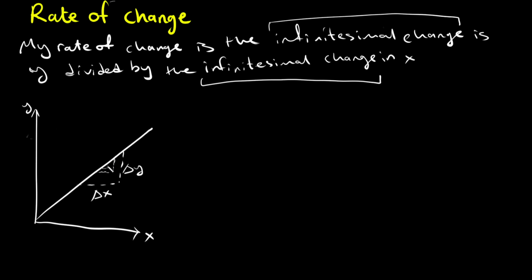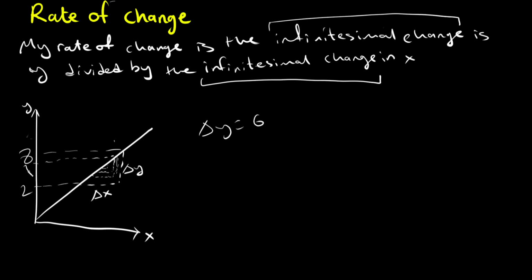So as you approximate, as you make the interval of x and y smaller, for example, if this is 8 and this is 2, my delta y will be 6. But let's take it another step.